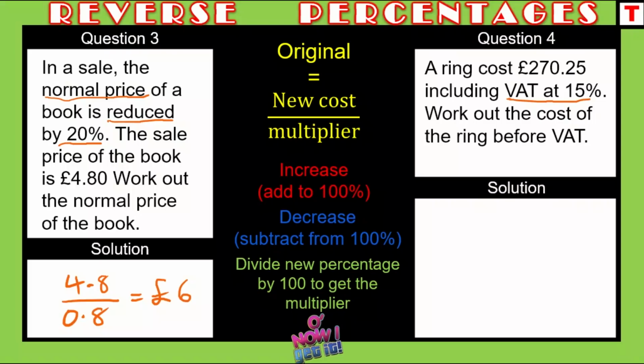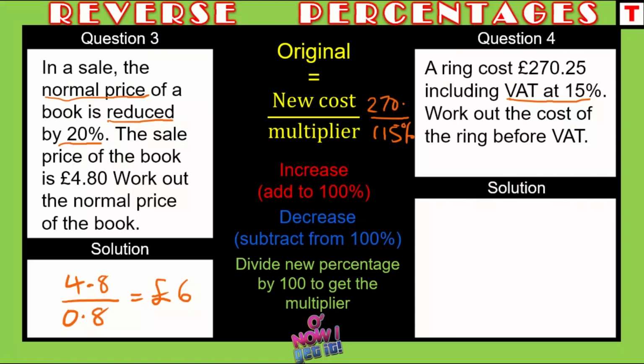Remember, we always start with 100%, and if we're increasing by 15%, we're now at 115%. So that means that multiplier is now at 115%.